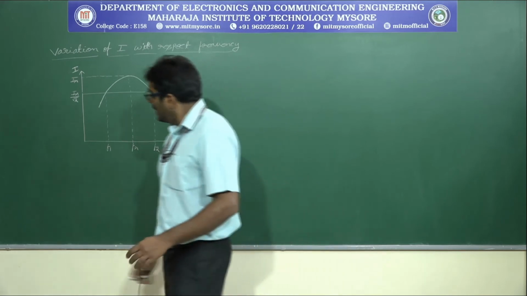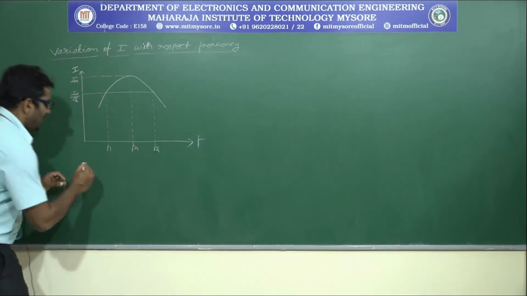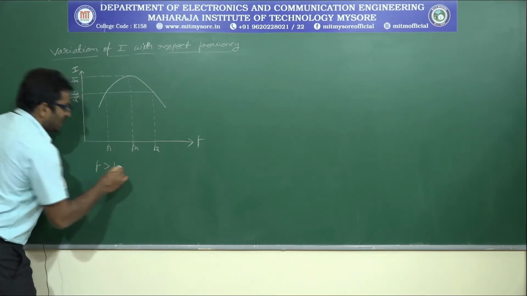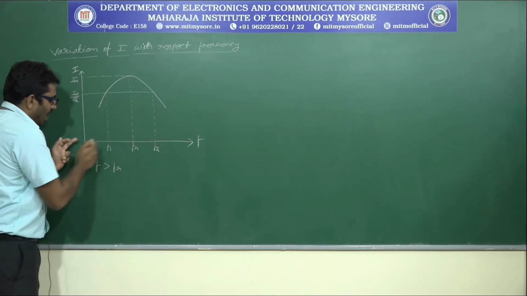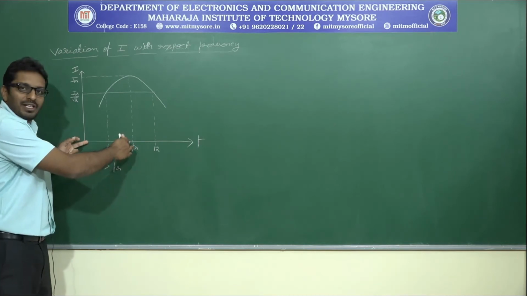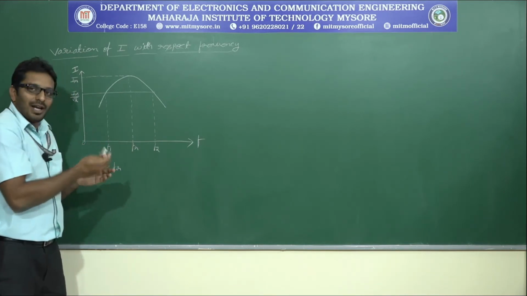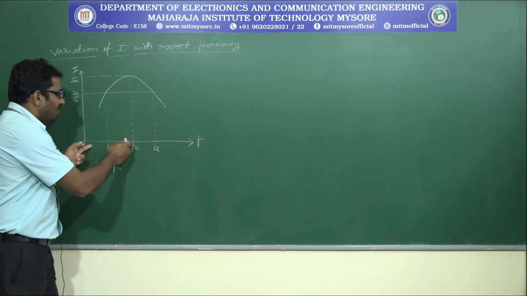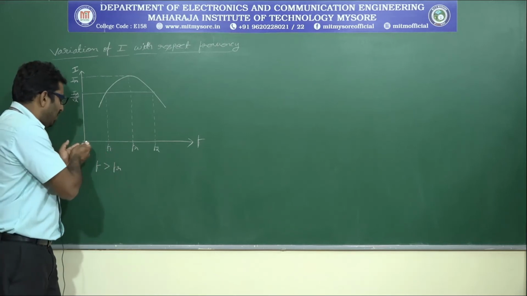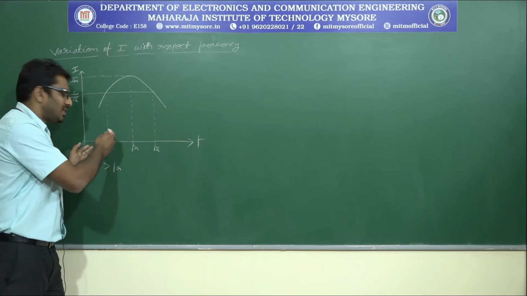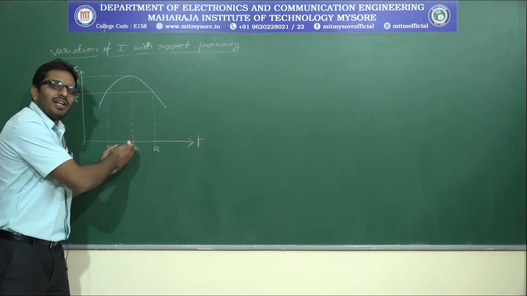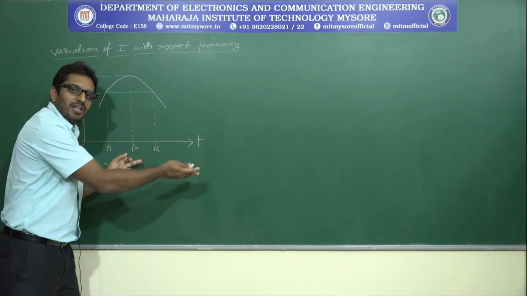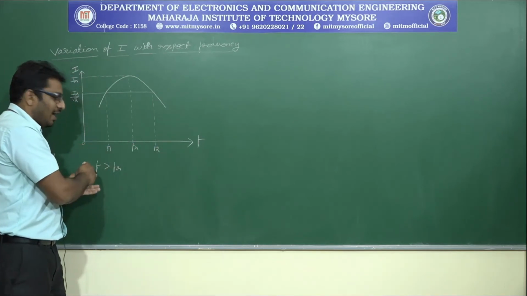Initially, the frequencies are less than Fr, that is, less than the resonant frequency. The frequency values are low, starting from 0 hertz, 1 hertz, 2 hertz, 3 hertz. For example, Fr is equal to 25 hertz; after this, 30 hertz, 40 hertz, 50 hertz.